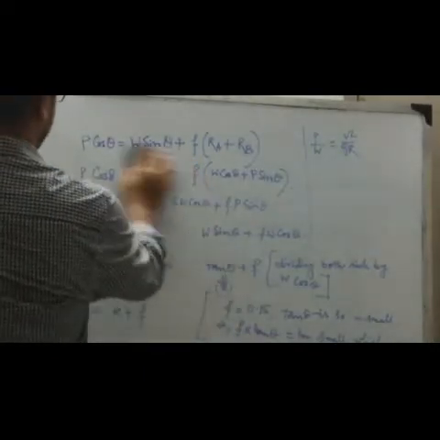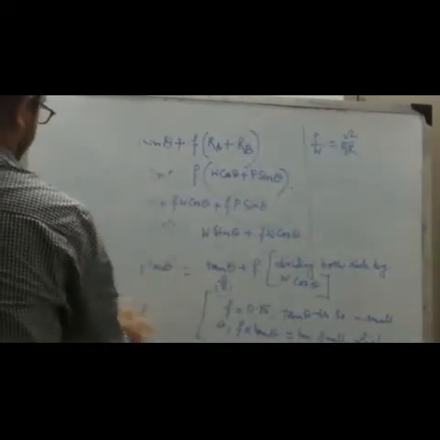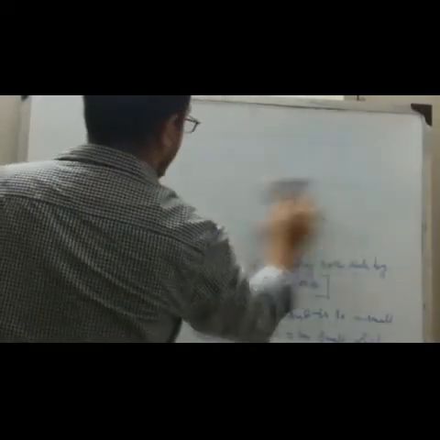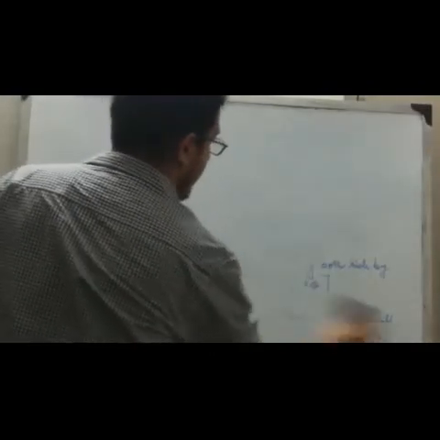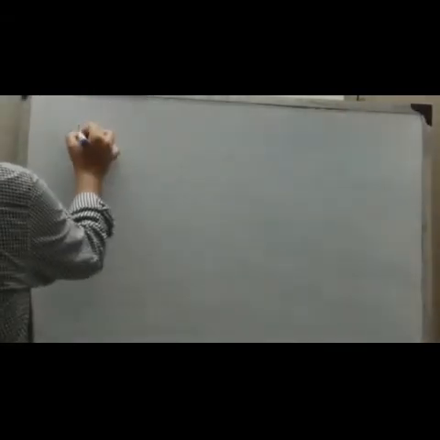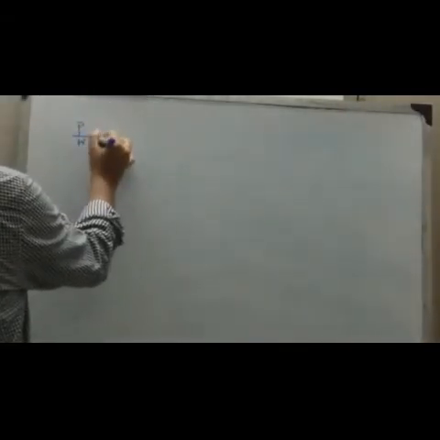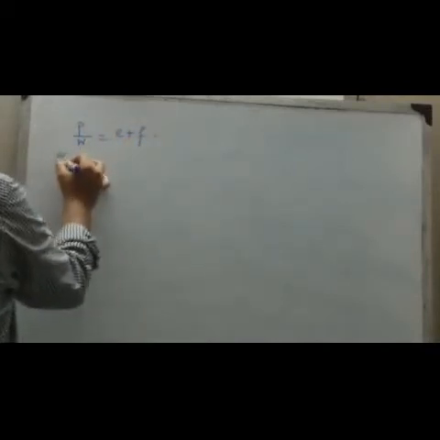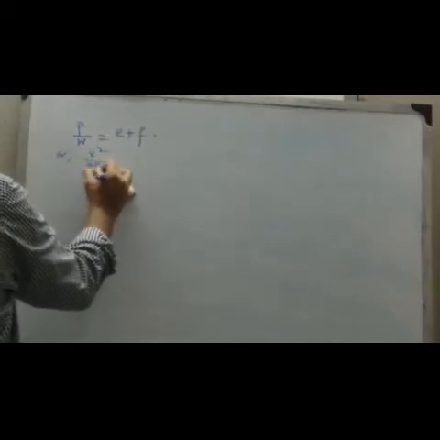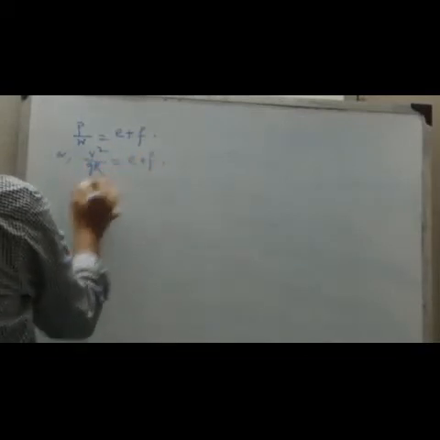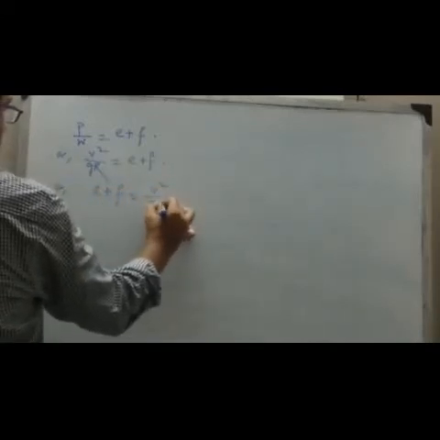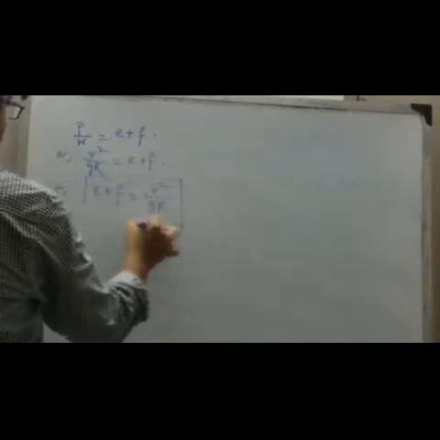So please write down P by W equals e plus f, or V square by GR equals e plus f, or we can write e plus f equals V square by GR.